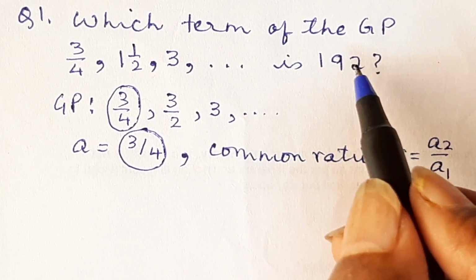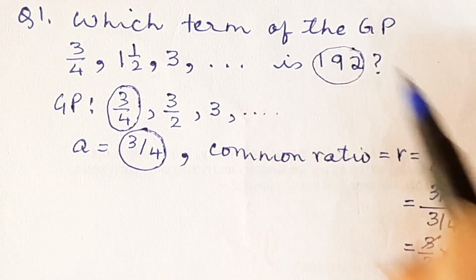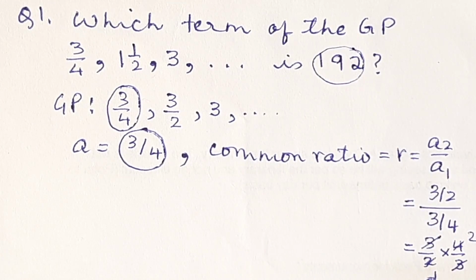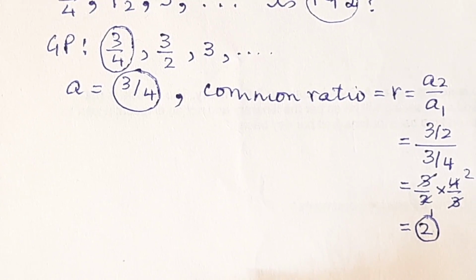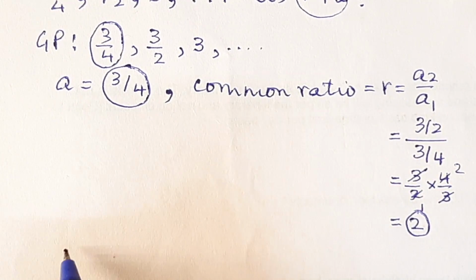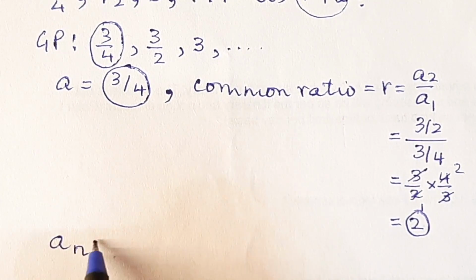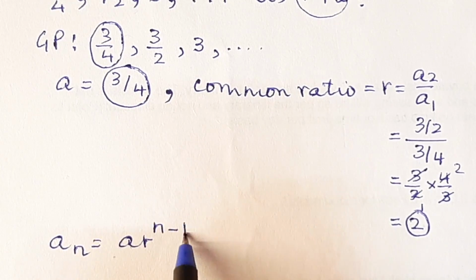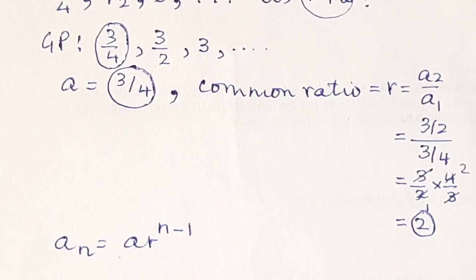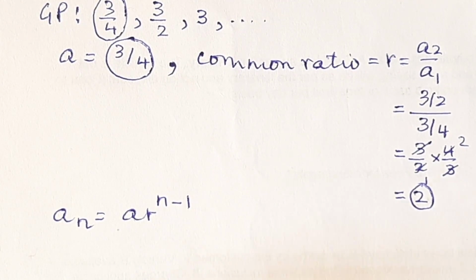So now this 192 becomes the nth term. So we are going to connect it with our formula for the nth term. Now the nth term is an, which is ar to the power n minus 1. Do we remember this formula? Now all we have to do is substitute in this.